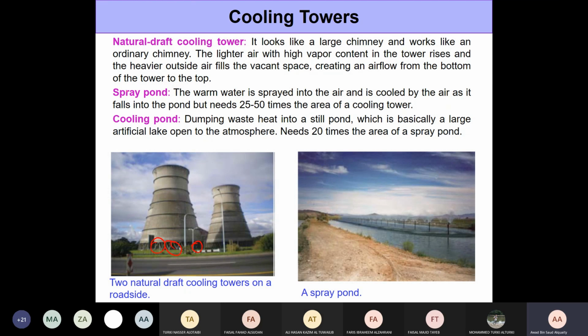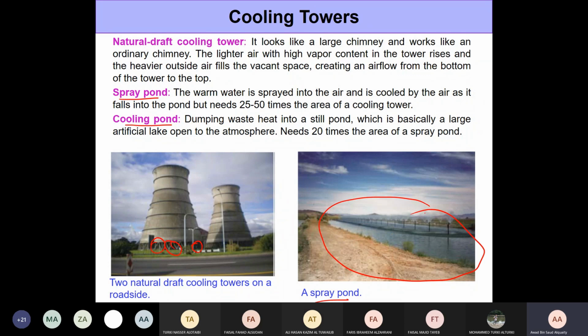You could make use of, let's say, a spray pond or a cooling pond, where you're doing essentially the same thing. You're spraying the water, and the water is going to get cooled due to evaporation. It's just that in a spray pond, you're going to need a lot more area. So this is a picture of a spray pond right here.